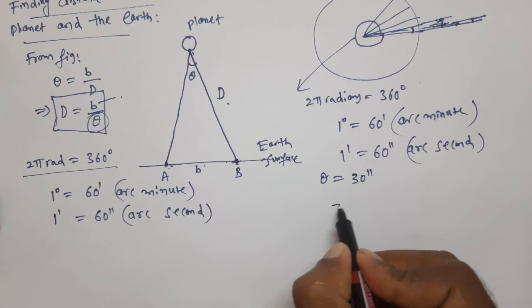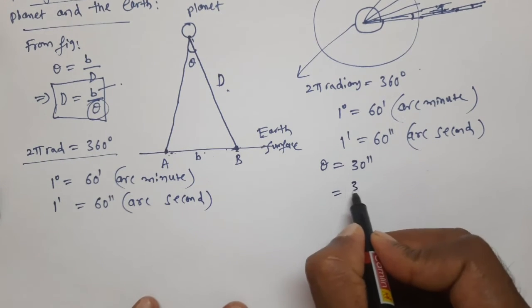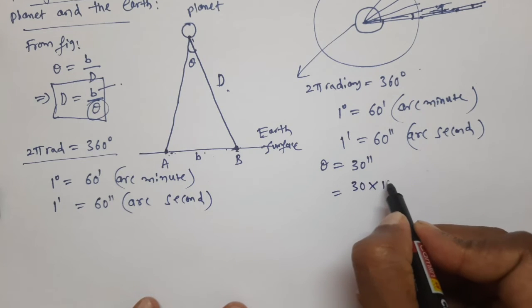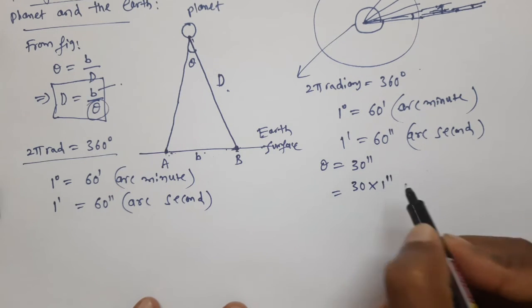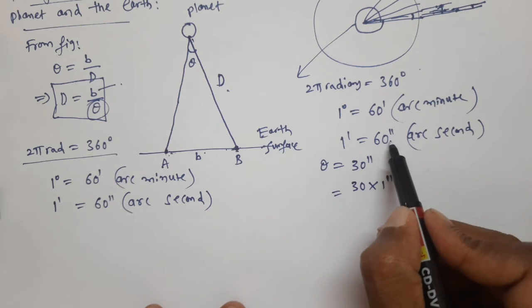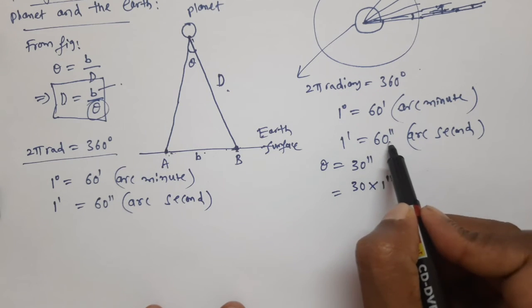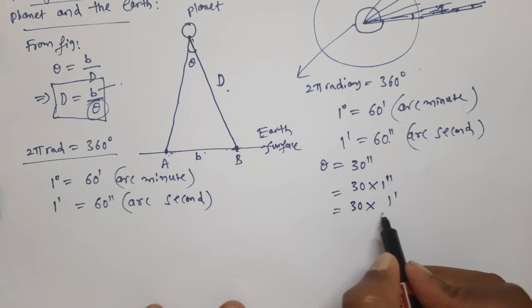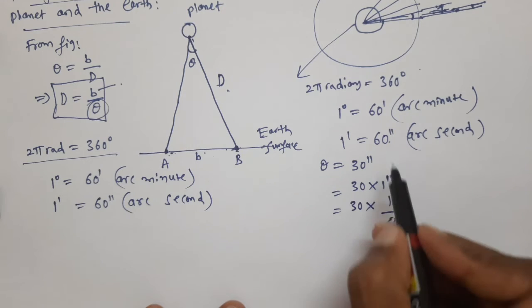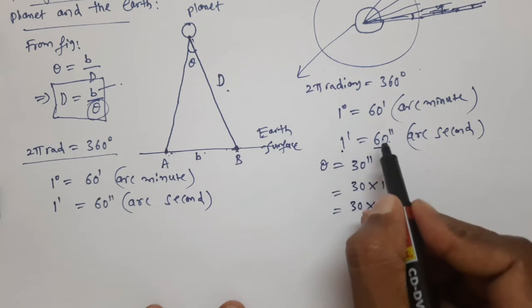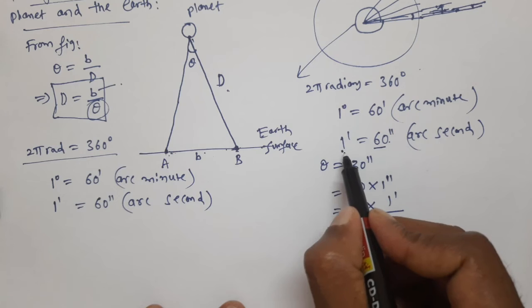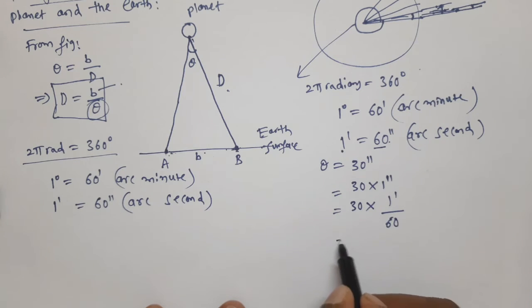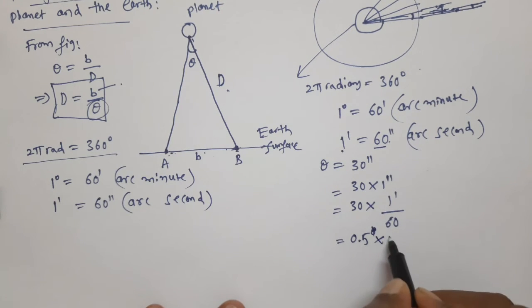This can be written as 30 into 1 arc second. 1 arc second is equal to 1 by 60 arc minute. Now what do we get? 30 by 60. You will get 0.5 into 1 arc minute.